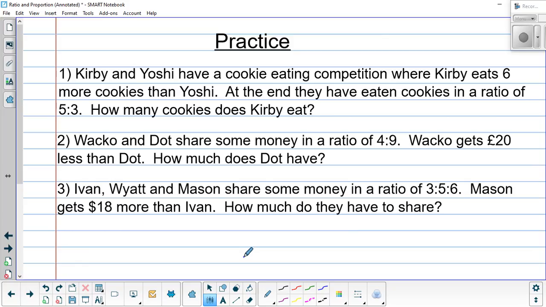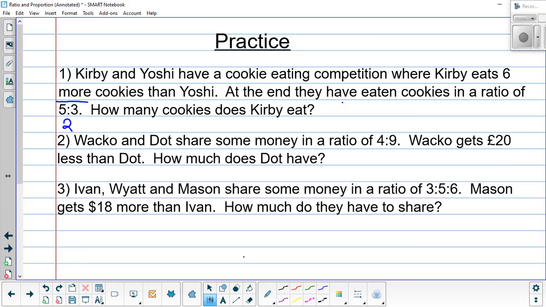So, Kirby and Yoshi have a cookie eating competition where Kirby eats 6 more cookies than Yoshi. So, right away, I'm going to find our difference is 2. So, at the end, they're in a ratio of 5 to 3. So, how many cookies does Kirby eat? So, what do we have? 5 to 3.